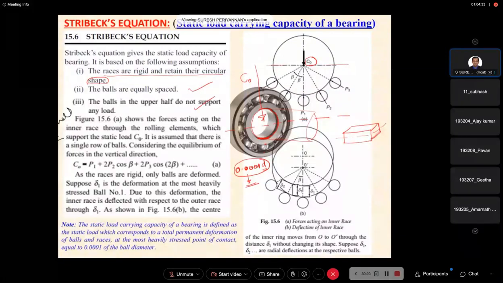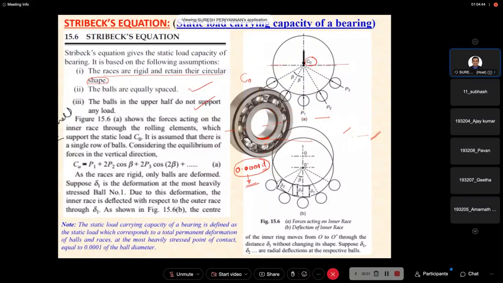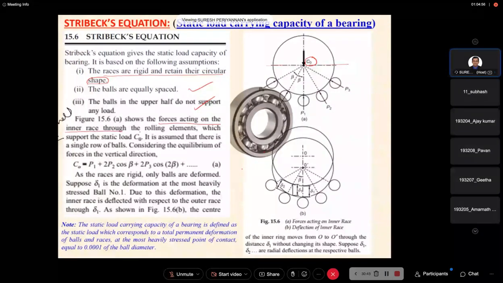These assumptions are very simple. Now we come to this. Now see, the forces are acting on the inner race through the rolling element, which supports the static load, C naught.